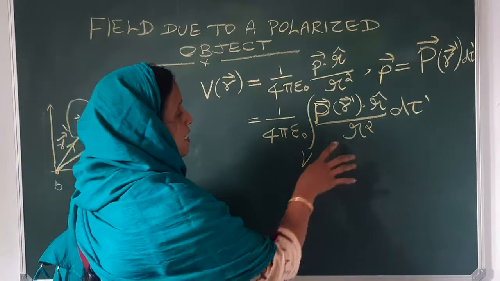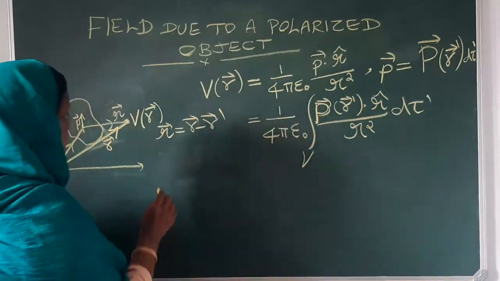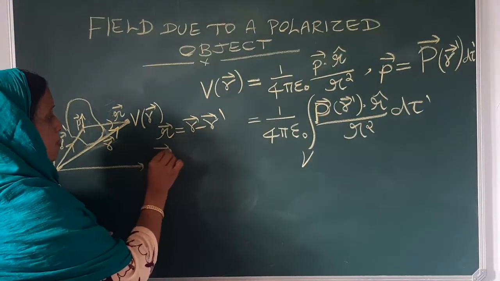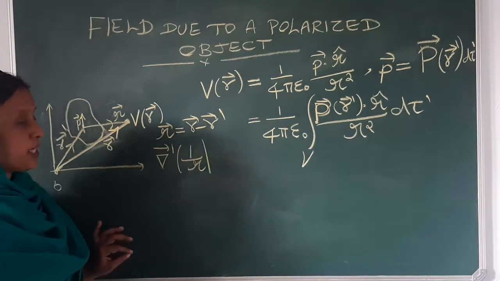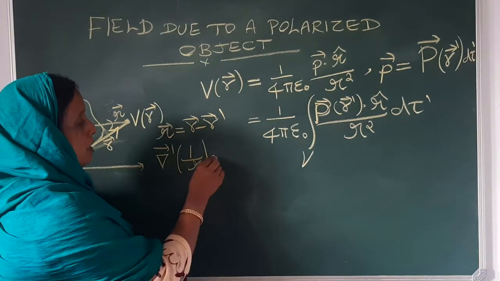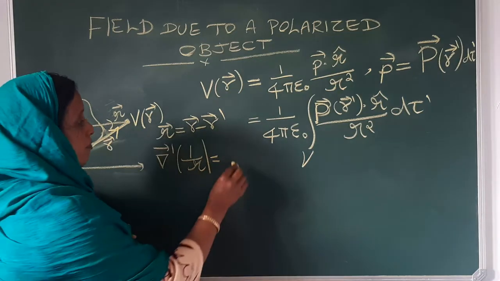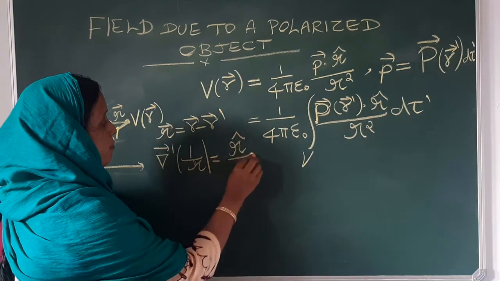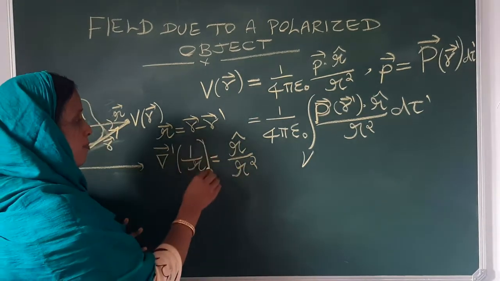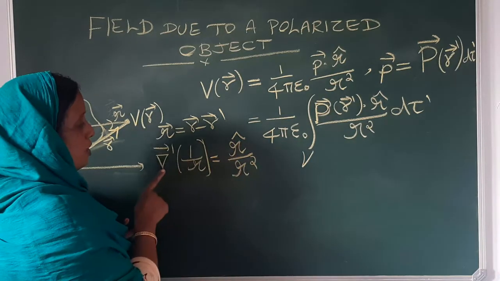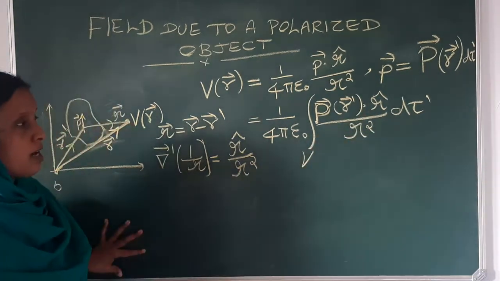Now from this expression itself, the gradient over the primed system of 1 by R, where R is the norm of the separation vector, is given by R cap by R square. That means we can substitute the gradient over the primed system for this R cap by R square.